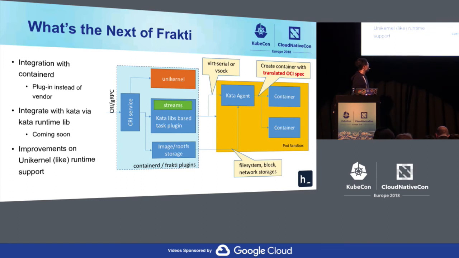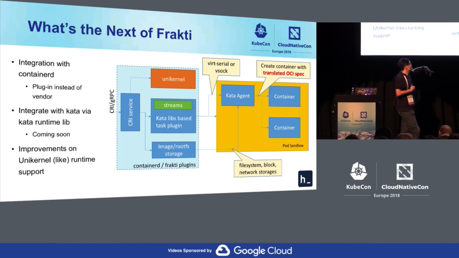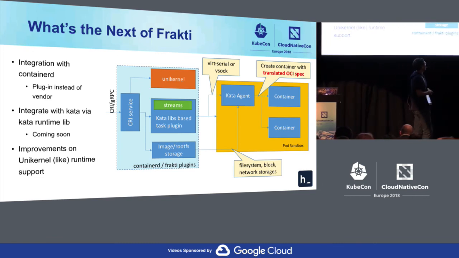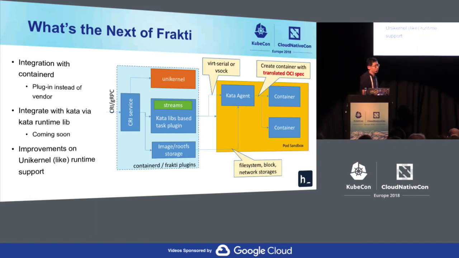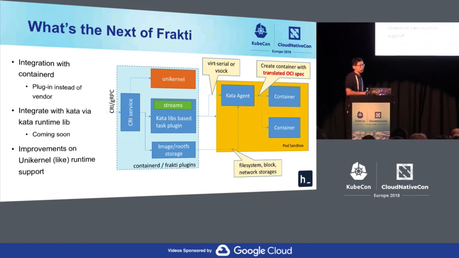So we will try to make the Kata Containers part and the related storage parts become a plugin for containerd. Also, the current Frakti could call the Kata agent directly without talking to too many shims and proxies, to save additional processes and additional memory.